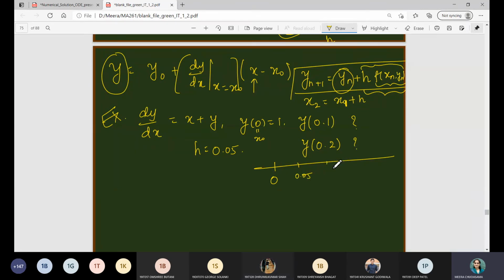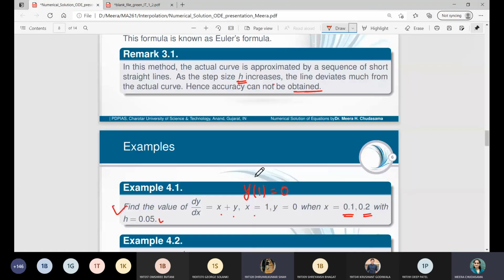Yes, ma'am, y of 1 is 0. x is given as 1 in the question. Just a minute, let me check. x0 is 0. This is a printing mistake, a typographical mistake. It is actually y of 0 is equal to 1.